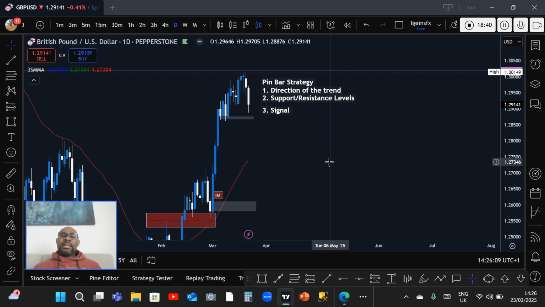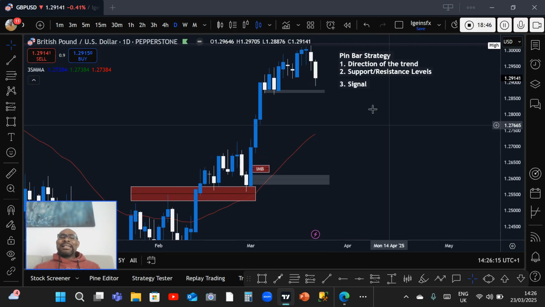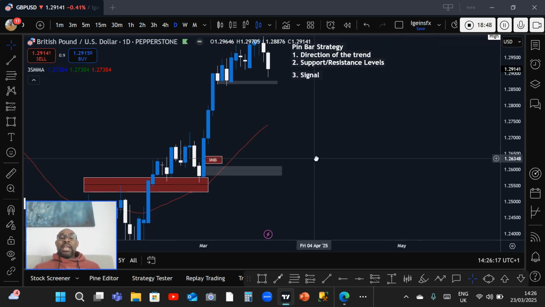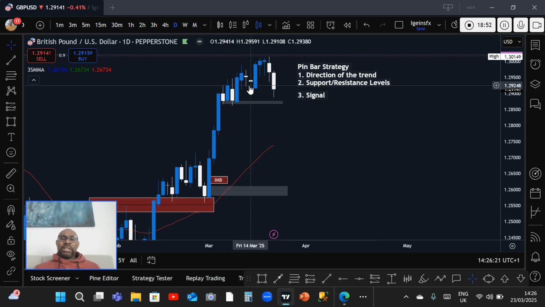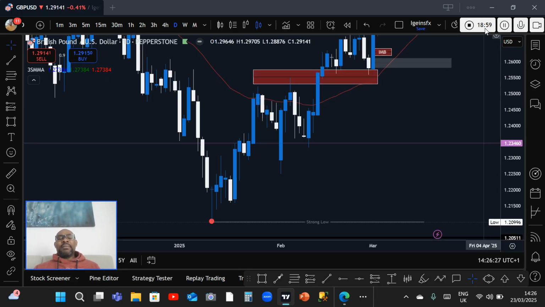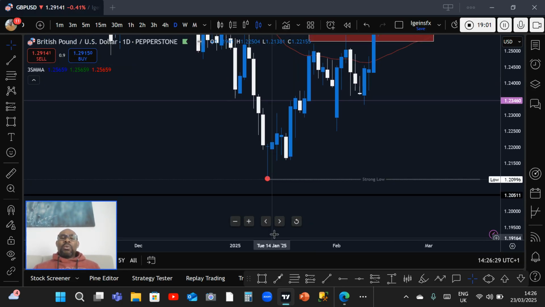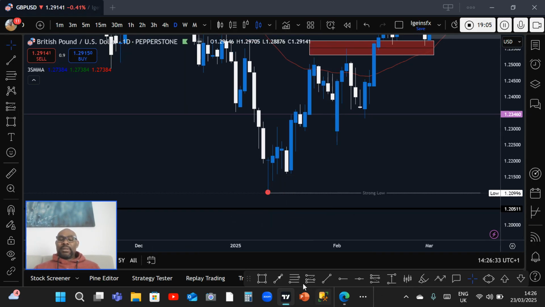Now, when a pin bar occurs at a resistance level, for example, if we are bullish, then we get to this level. Let me show you this one. We were bearish. Then look at this pin bar.